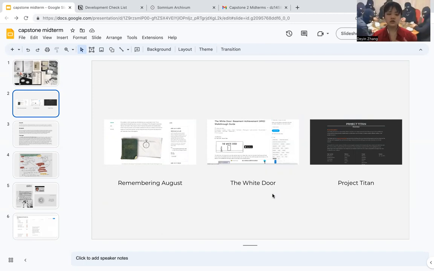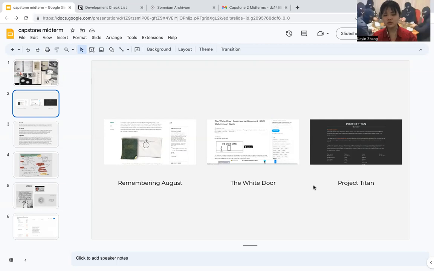I think it not only set different puzzles and mysteries for the players to solve, but also those gameplays are perfectly embedded in their story. And I think this is somehow the effect that I want to achieve. So this will be a really valuable reference for my ARG.